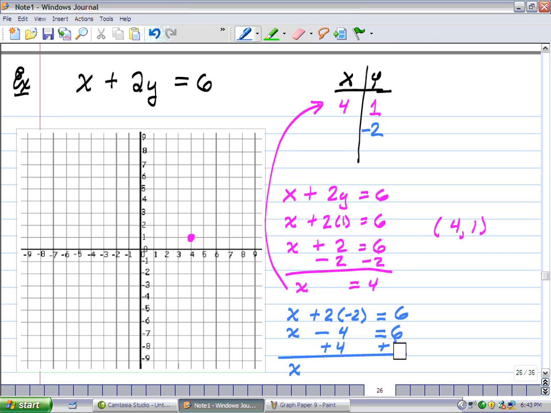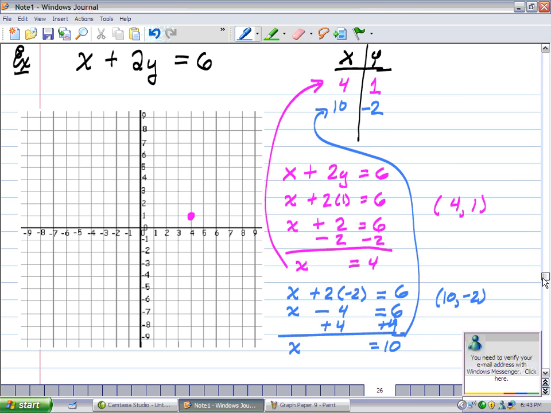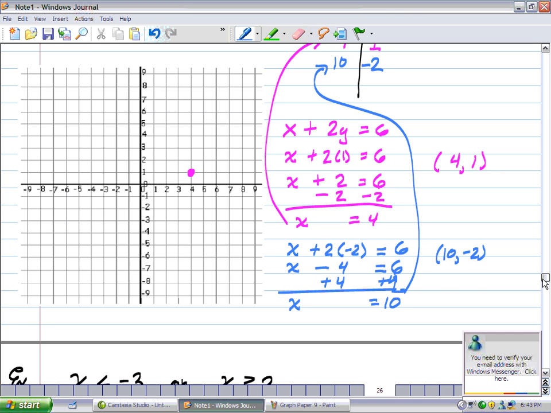Wait, I said 4. 6 plus 4 is 10. My graph paper doesn't go to 10. So even though that's a right point, I can't really use it because it doesn't fit on here. That's going to happen to you occasionally in MyMathLab too. So you're going to need to go back and pick yet a third number.